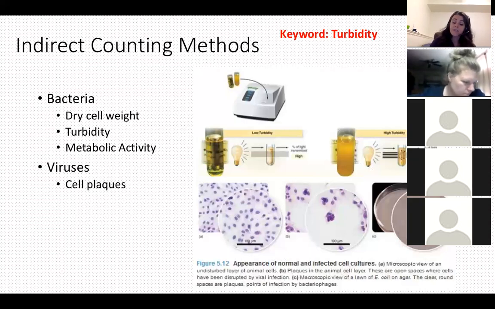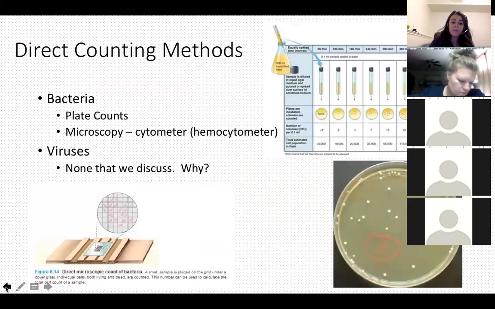So for viruses, I want you to notice that for direct counting methods, we have no direct counting methods listed for viruses. Anyone have any ideas why that is? There's a couple of limitations going on here. First, you're not going to be able to use agar and do these plate counts, because viruses can't grow on agar. They need host cells.